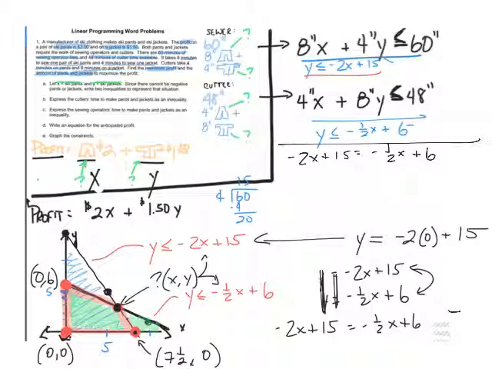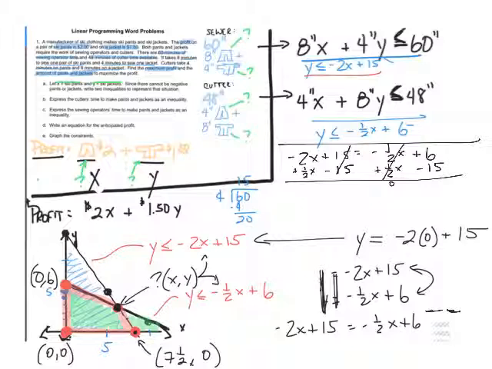So I'm going to add 1/2 x to both sides, and I'm going to subtract 15 from both sides. Let's see what all this gives me. Positive 1/2 x minus 1/2 x, that's 0.